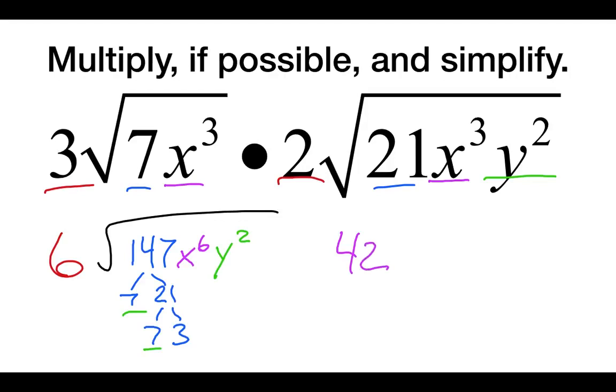Now let's talk about x to the 6th power. If I'm looking for pairs, 6 has 3 of them, so x cubed. Then y squared, there's only one pair in y squared, so I'm going to say y. Square root of the only number left inside, which is 3.